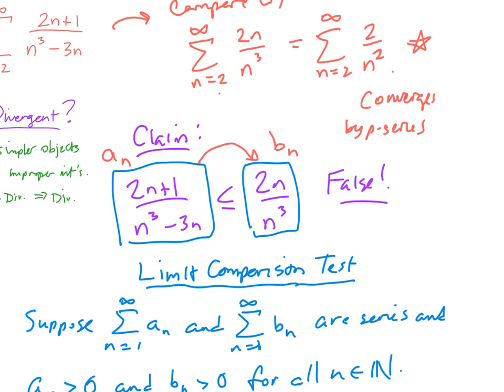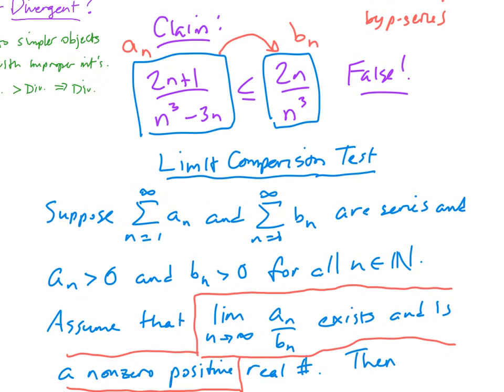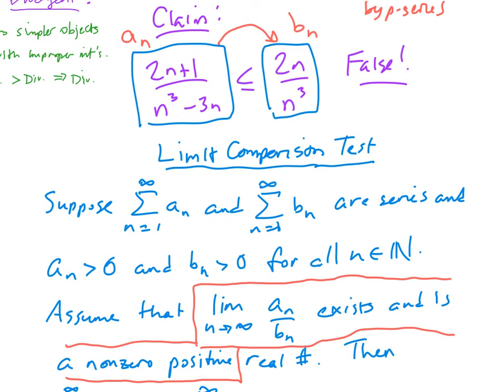Well, the thing is, I can't make the basic comparison that I want. I know that this converges, and I would love more than anything in the world to be able to say, well, this is smaller, so the series of these must also converge, but they're just not smaller. It's just not the case. You could try values of n and see that that's not the case. But in the limit, as n goes to infinity, this limit here is going to exist, and I'm going to illustrate that now.